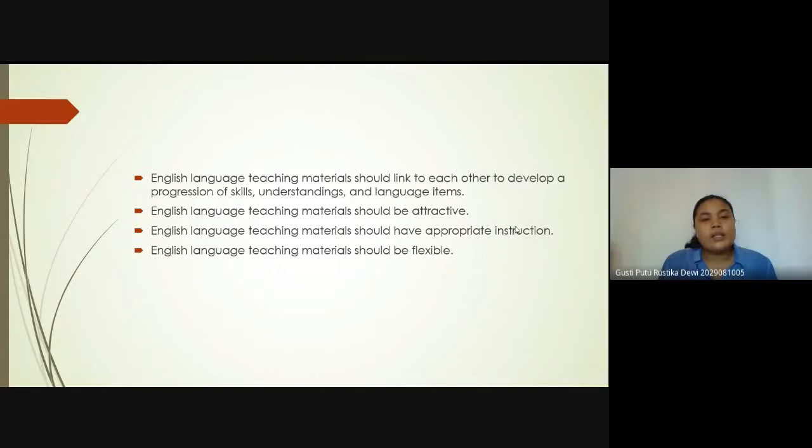The next guideline is English language teaching material should be attractive. So the teaching material should be attractive in terms of the choice of the text, size of the text, and also the layout so that it will be nice to look at.